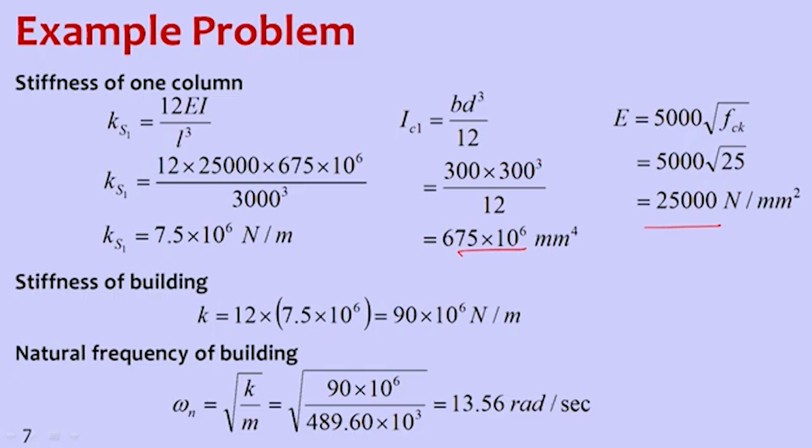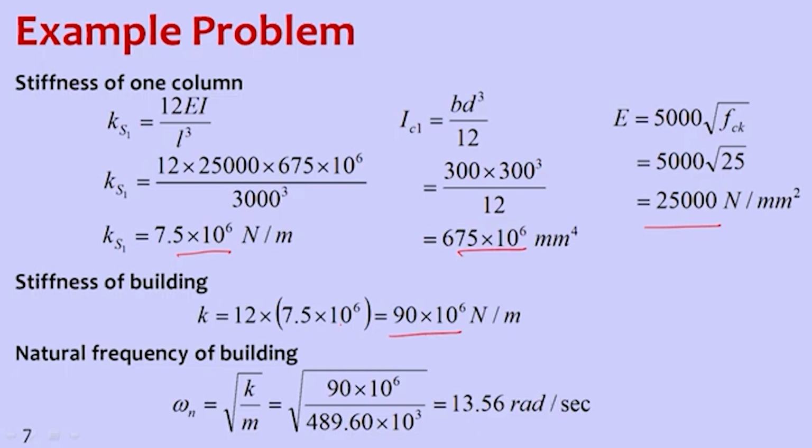When you substitute E and I in calculating stiffness, we get around 7.5 into 10 to the power of 6 Newton per meter. Stiffness at each floor is similar, and we have 12 columns in the complete structure. So we are idealizing it as a single degree of freedom system, calculating 12 into 7.5 into 10 to the power of 6, which is around 90 into 10 to the power of 6 Newton per meter.